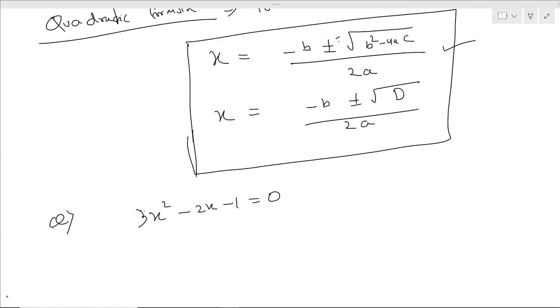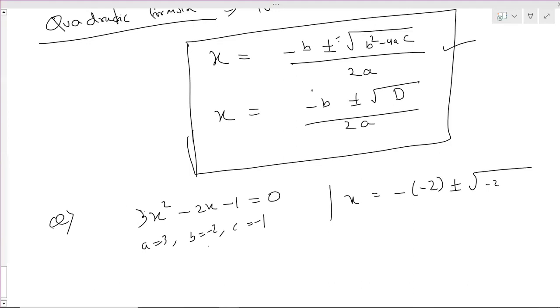So x is minus b, which is minus of -2, plus minus the square root of b square, that is 2 square, minus 4 into a, which is 3, into c, which is -1, whole divided by 2a.